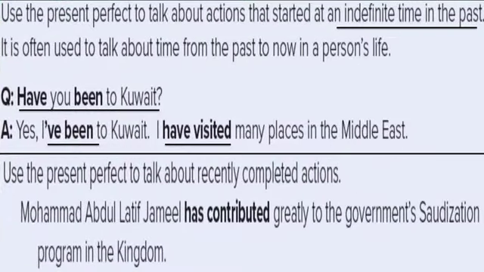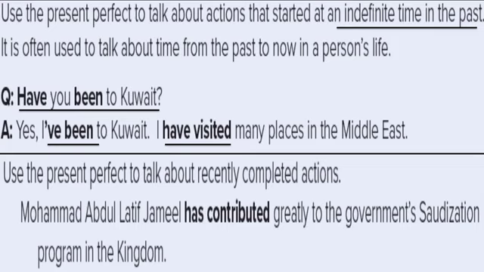Now, my dear students, let's get started and know how to use it and in what situations or what sentences do we use the present perfect tense. We use the present perfect tense to talk about actions that started at an indefinite time in the past. The beginning of a verb or an action isn't mentioned or isn't known.